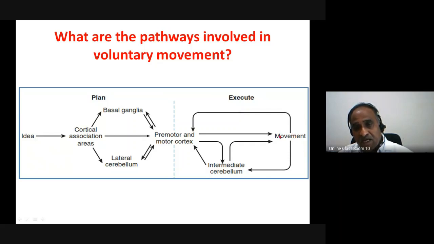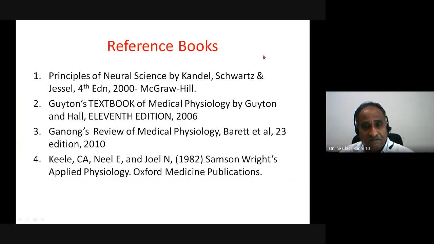When they are moving, they give a feedback signal to the motor cortex, and the cerebellum also gives to the motor cortex. These things are intercommunicated here. Even after the idea has started, there are signals going back to the prefrontal cortex, telling it, yes, I obeyed your orders. That is the planning of the voluntary movement.